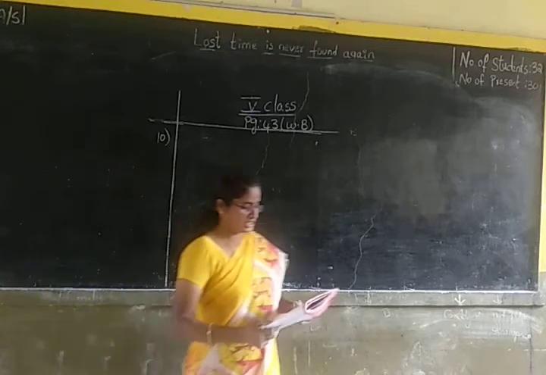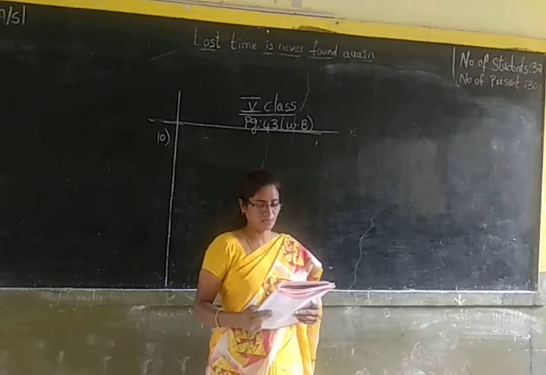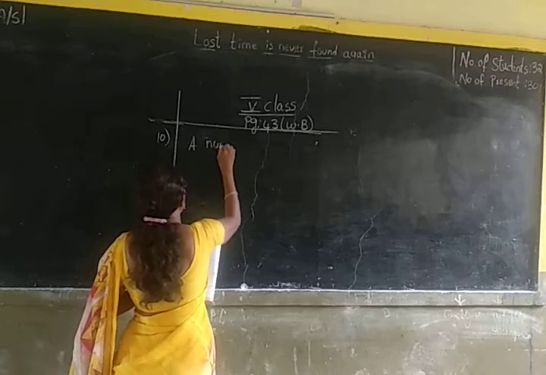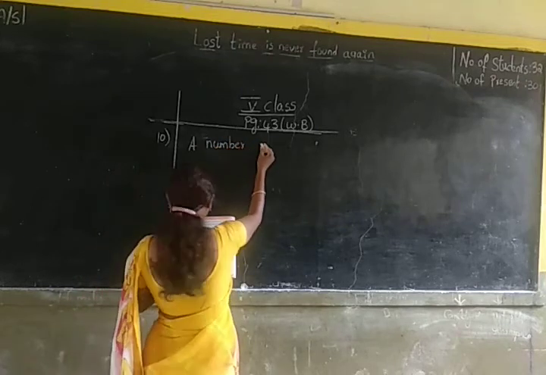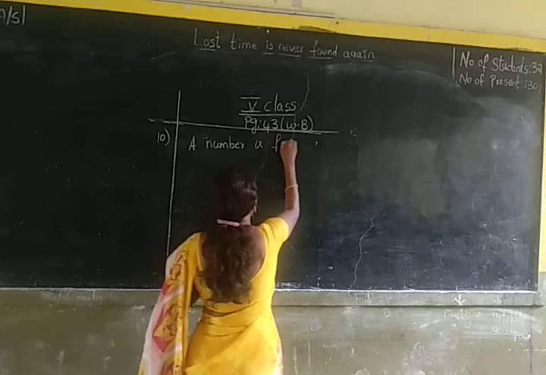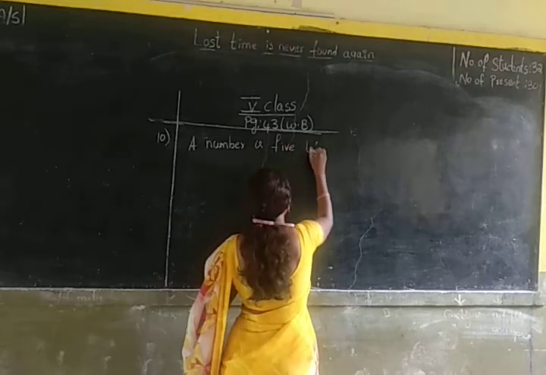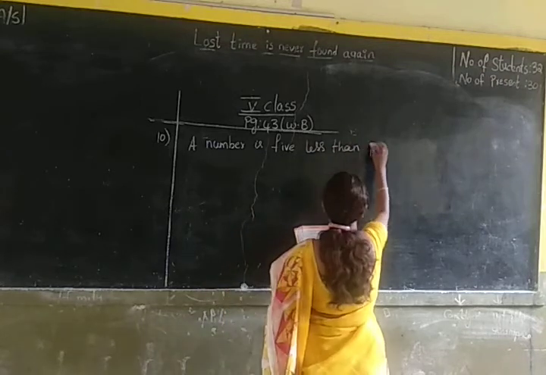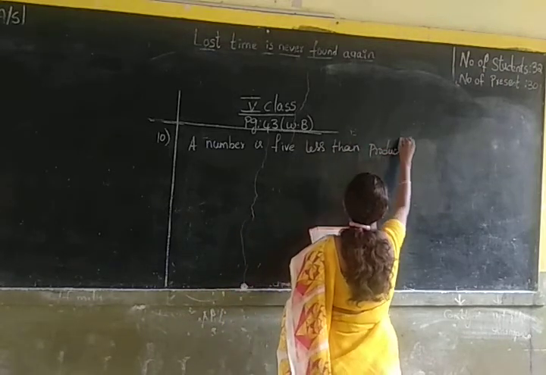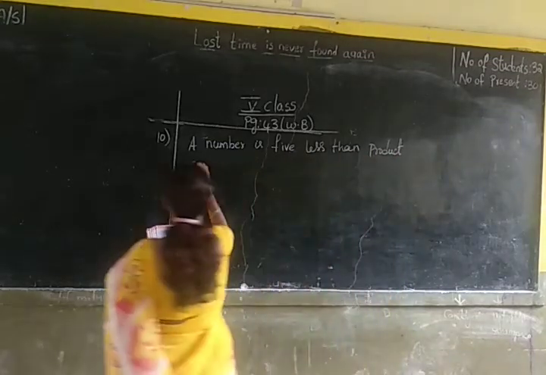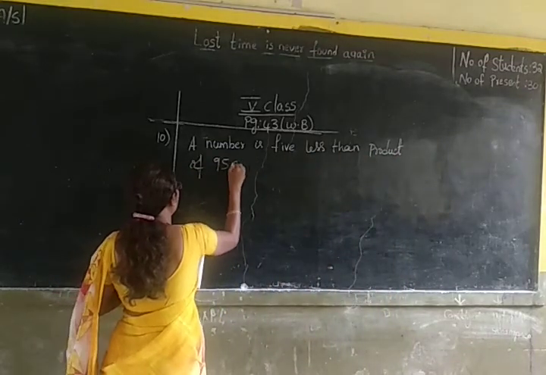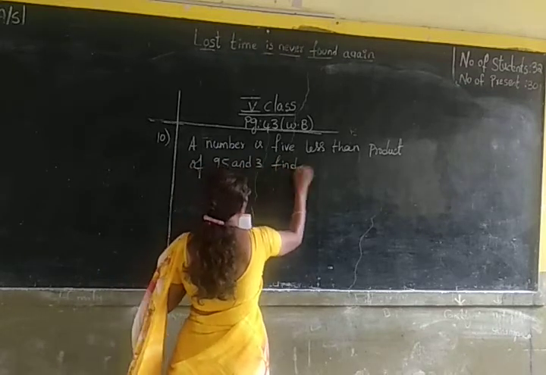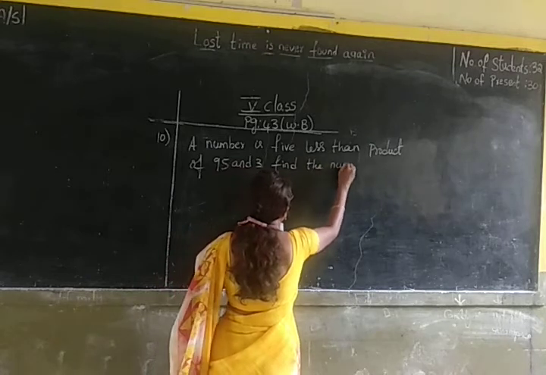A number is 5 less than the product of 95 and 3. Find the number.